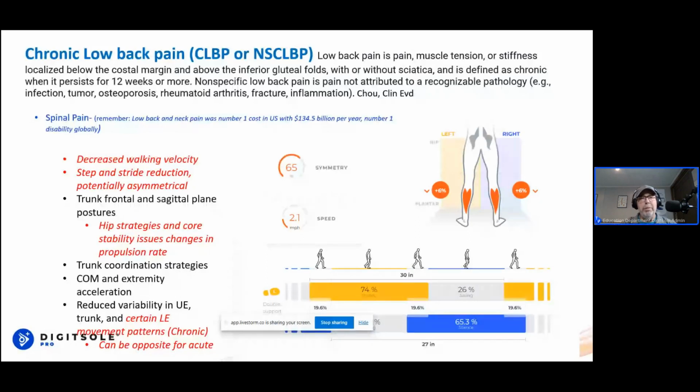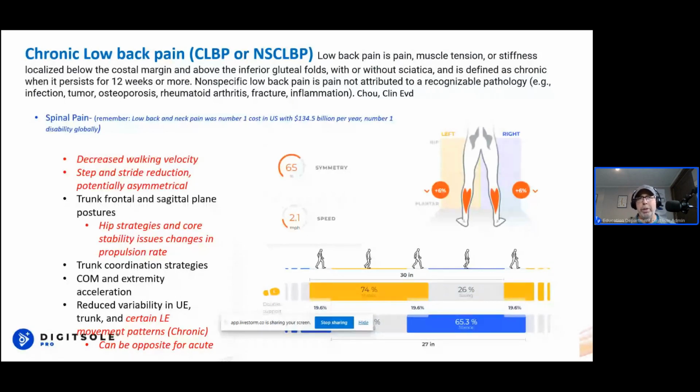So things that we may find in chronic low back pain, also considered non-specific chronic low back pain, you'll see some changes in symmetry and walking speed, as well as strategies in how people go through the walking cycle from the contact into the swing phase.